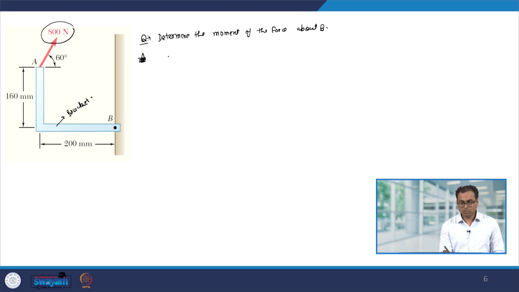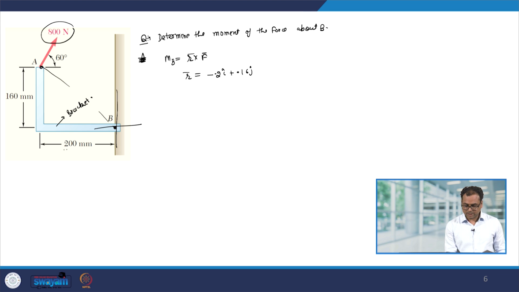Let us say we use the equation, moment about B equals r cross F. In the Cartesian coordinate system, let us fix our axes here. So, r is any point on the force. Let us say this is my r. So, r is minus 0.2 i plus 0.16 j, wherein I have converted the distance into meters.